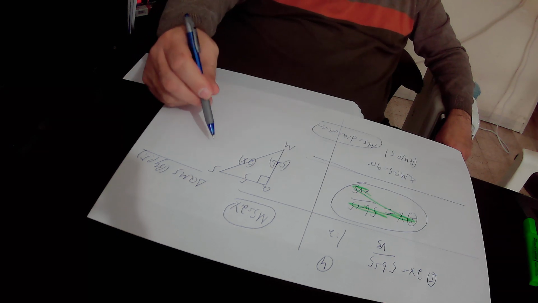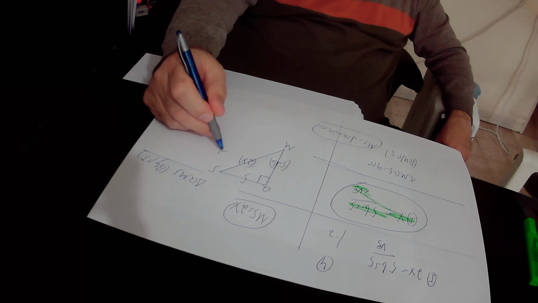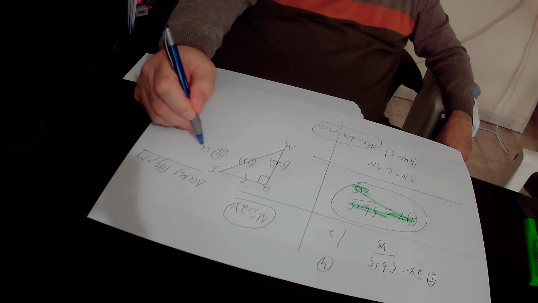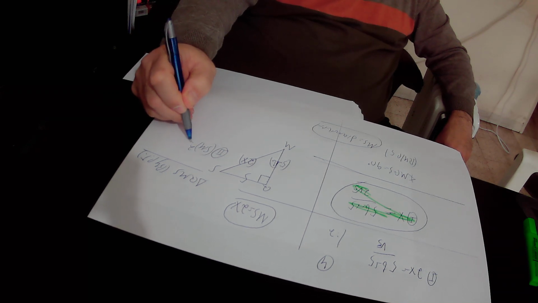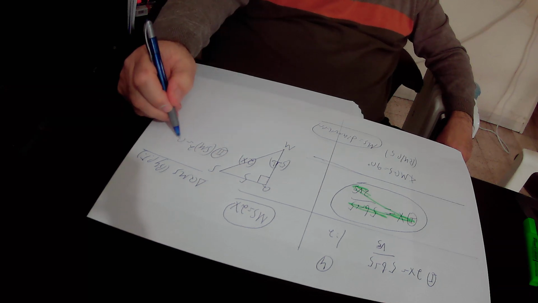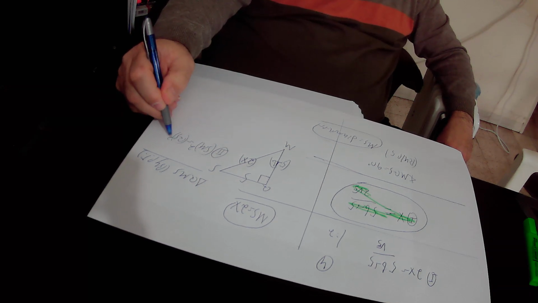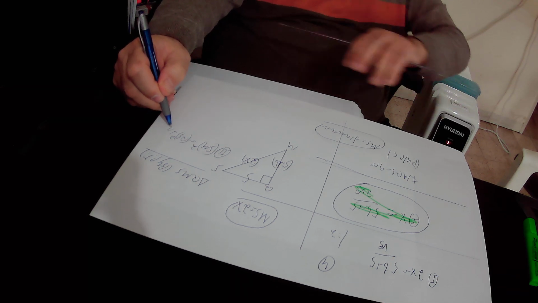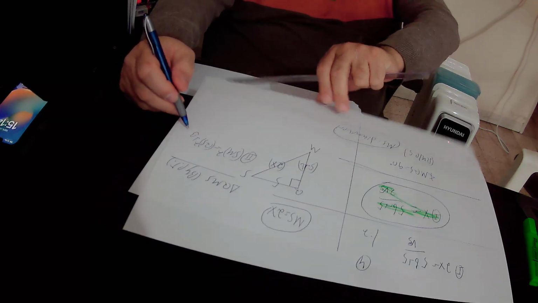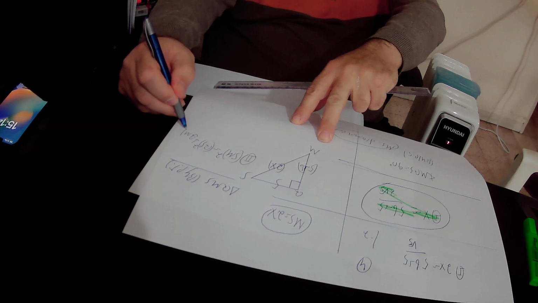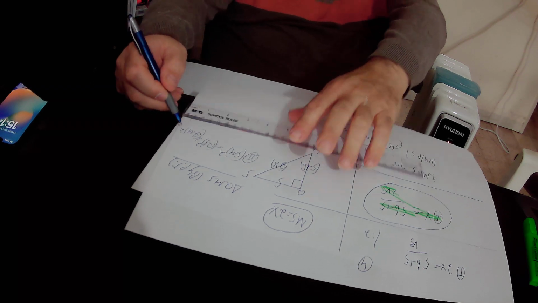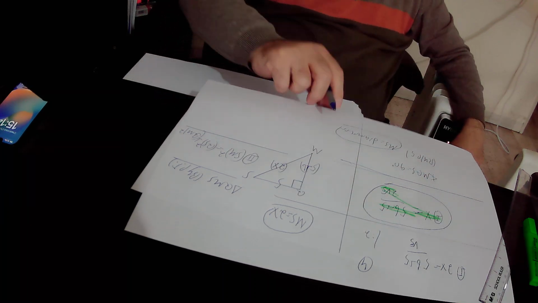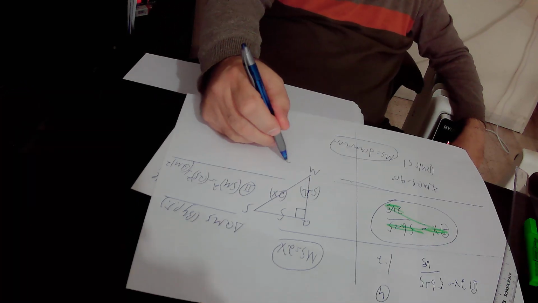According to the Pythagoras theorem, in the right triangle QMS, we get that SM squared, that is the square of the hypotenuse, equals QS squared plus QM squared. SM is 2x, therefore SM squared is (2x) squared.